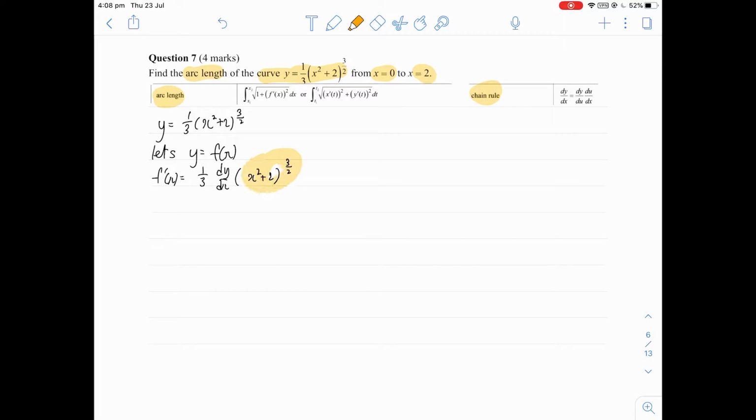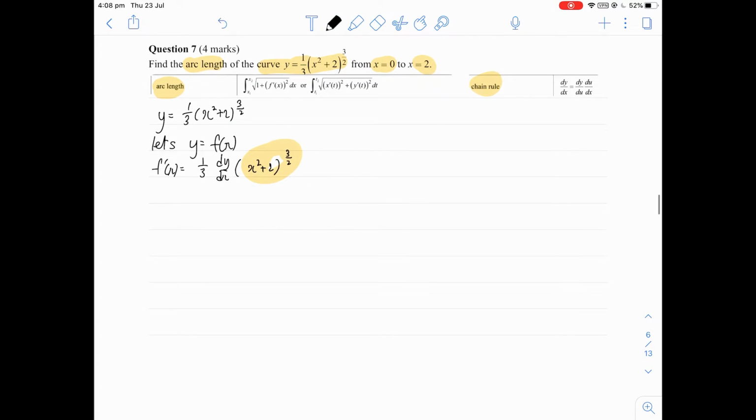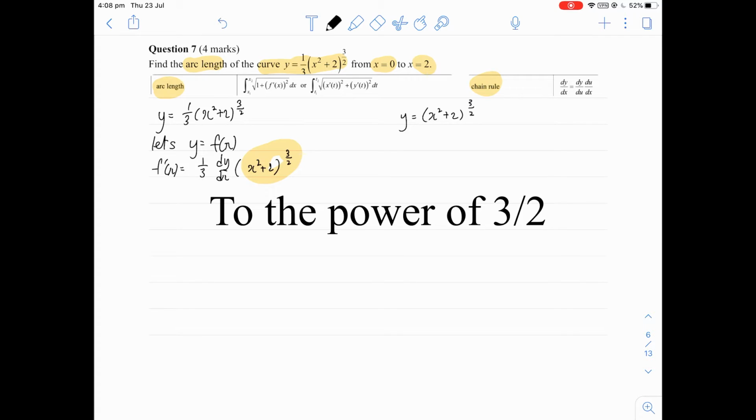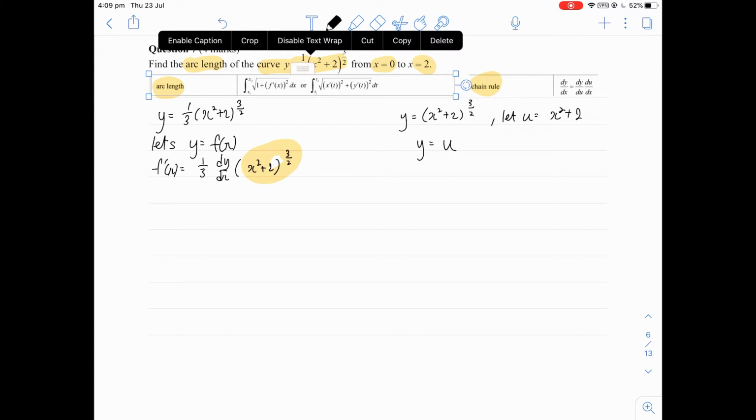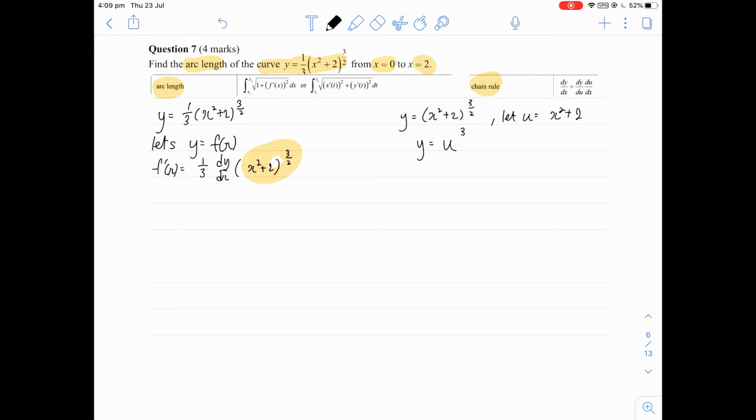Notice that this is actually a chain rule. So let's say y is (x squared plus 2) to the power of 3 on 2, and we'll let u equal x squared plus 2. And therefore y is u to the power of 3 over 2.